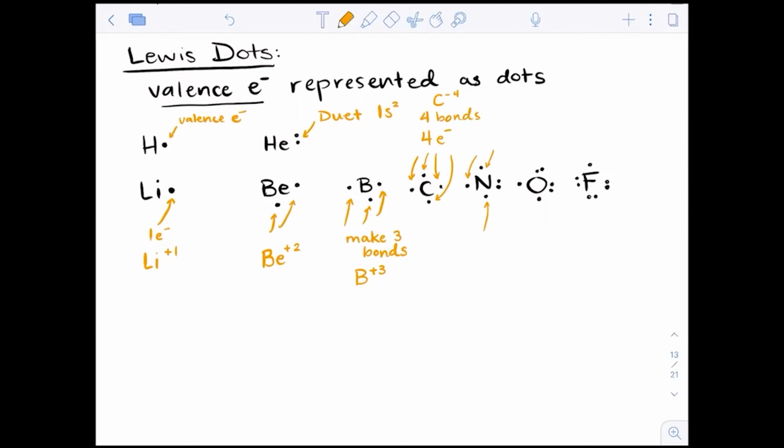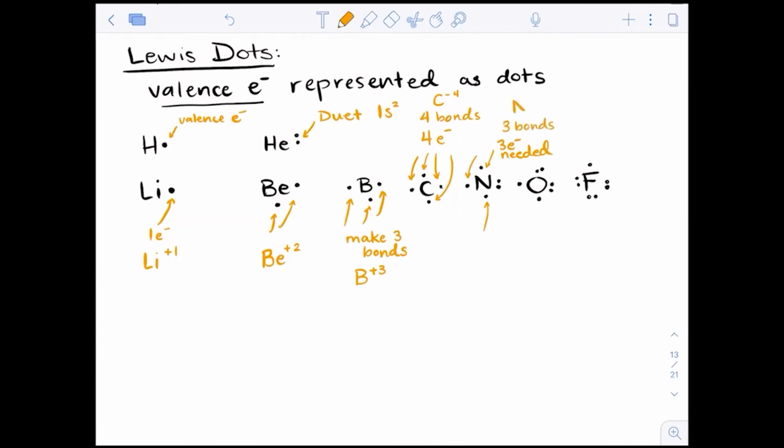So not so much looking at the valence count, but 8 minus the valence count. So for nitrogen, he has 5 valence electrons, and what we see is there's 3 unpaired electrons there, 3 extra spots in order to make 3 bonds.